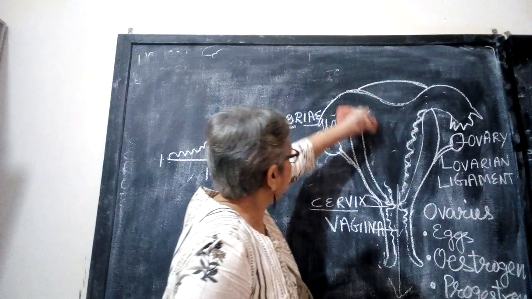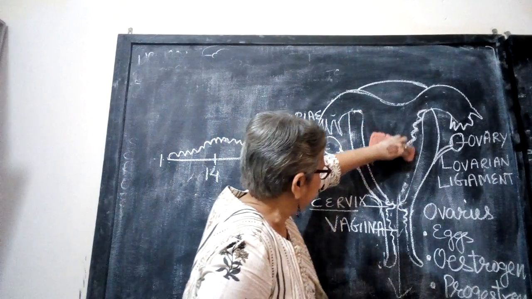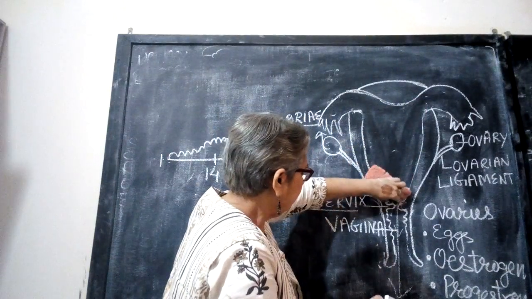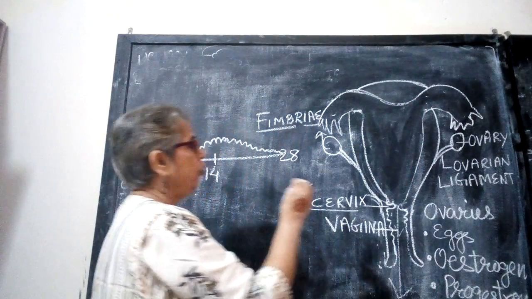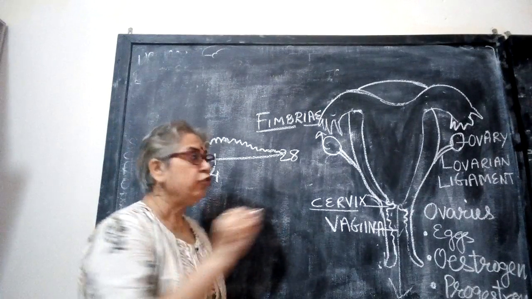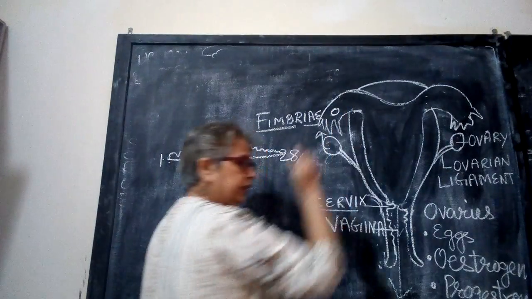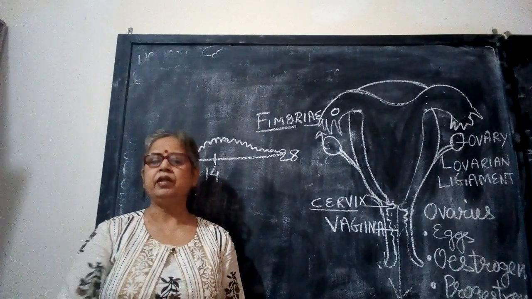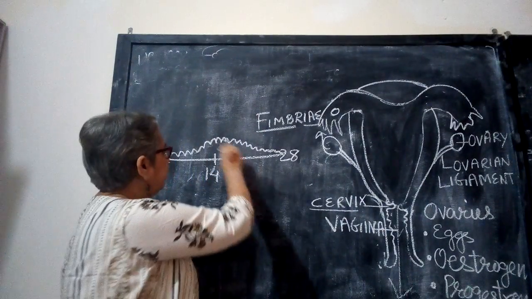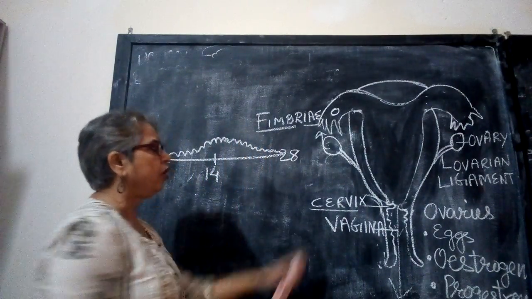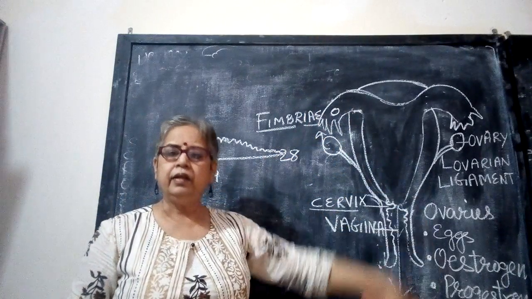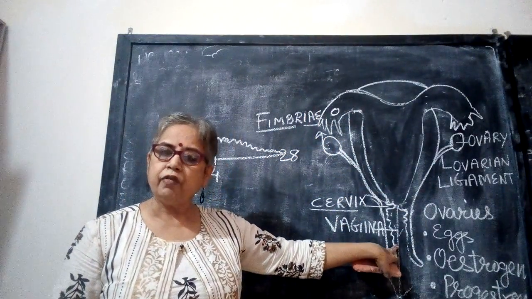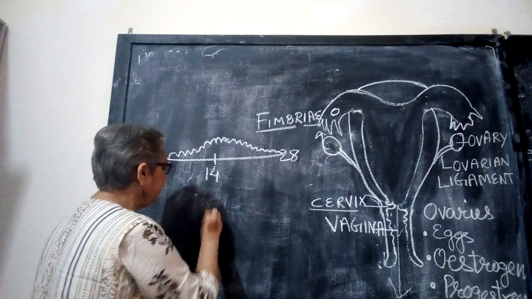There is no spongy wall now. So when the egg was released on the 14th day, there was no fertilization, so it led to the degeneration of the wall as well as the egg, and it all came out through the vagina in the form of menstrual bleeding.